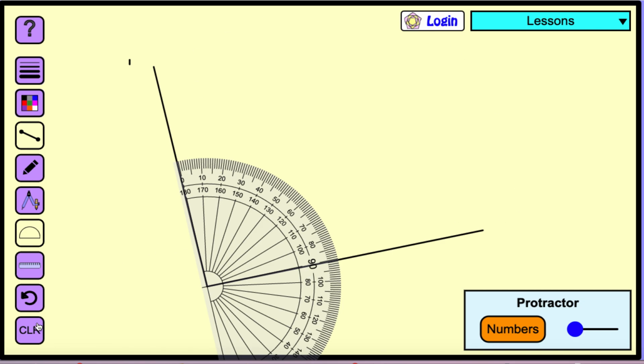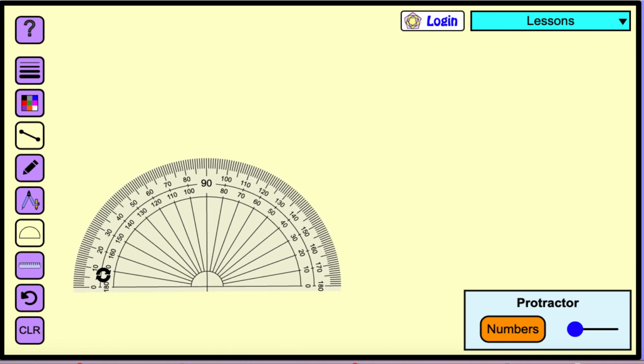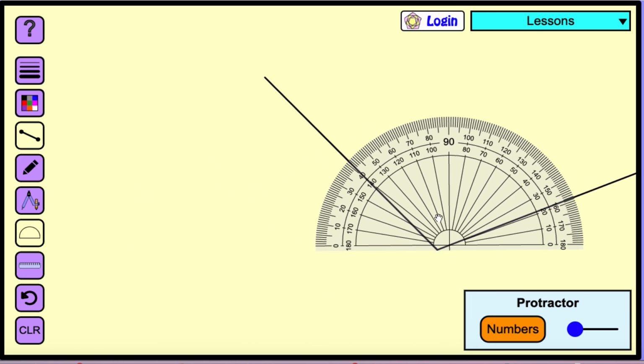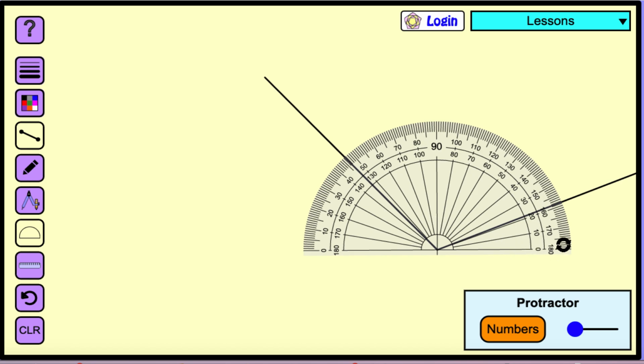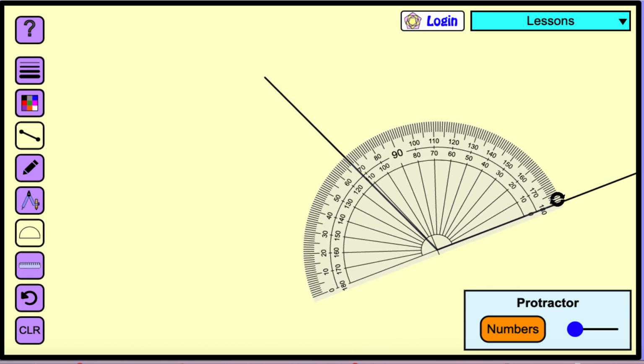Okay, let's do that one more time. Let's make another angle, something like that. I'm going to move my protractor and align here. Starting from 0, I see up to here is 90, 100, 110, 111, 112.